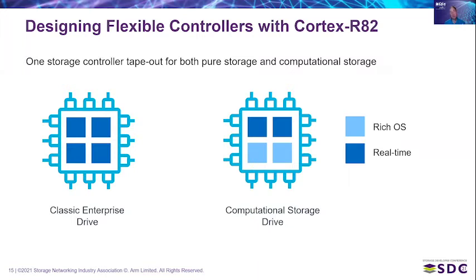So if you have a classic enterprise drive, as shown over here on the left-hand side of this slide, that would be traditionally all real-time, you can certainly make that with one controller, or you can make a separate product that is a computational storage drive and has the ability to run a high-level operating system in addition to the real-time for managing the data through the NAND.